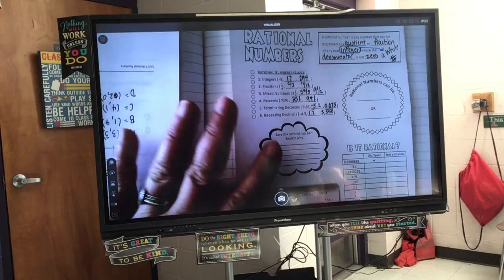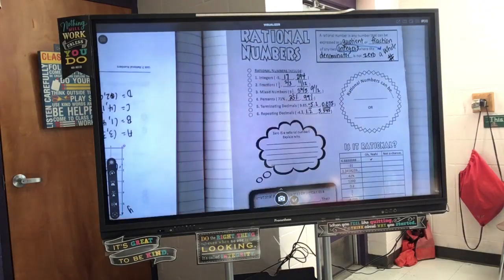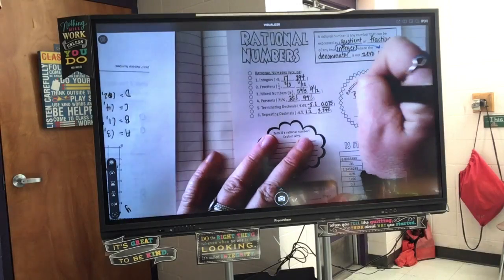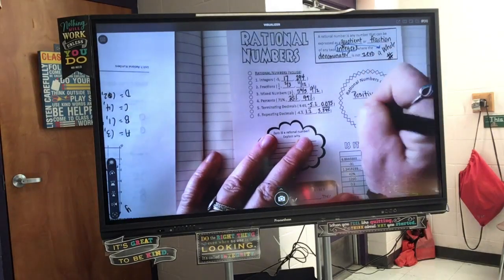Alright, so rational numbers can be what? Based off of the numbers that we just wrote up here, what do you notice? What can they be? Yes. Positive or negative.